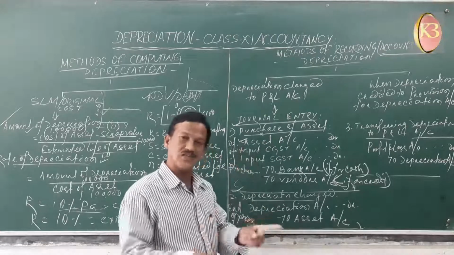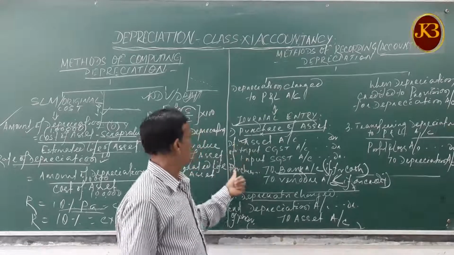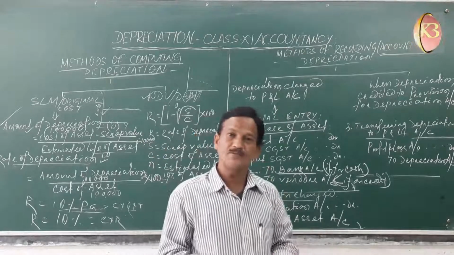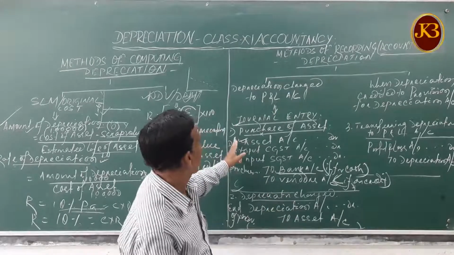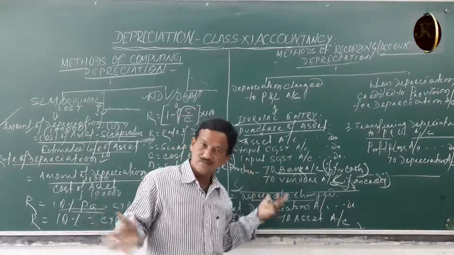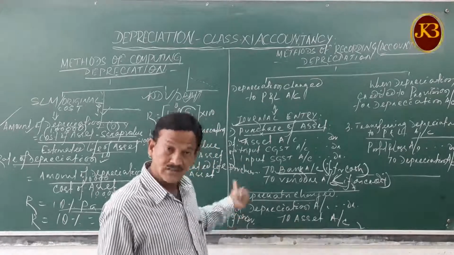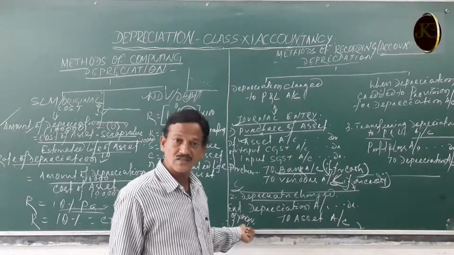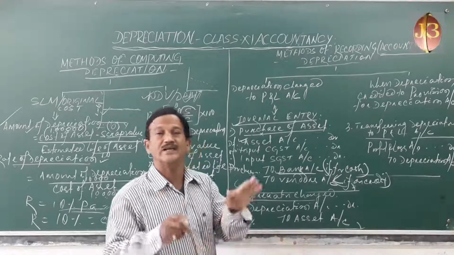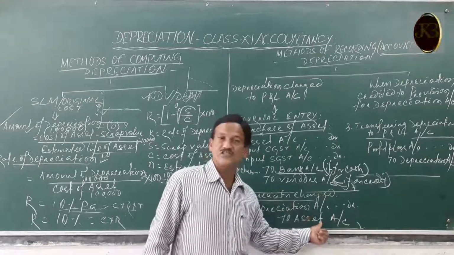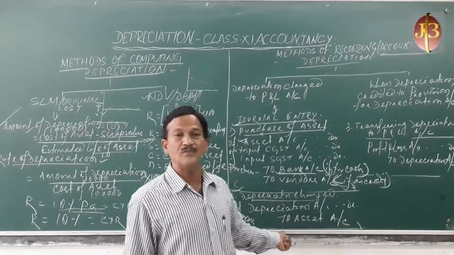If it is 10% per annum, then the date of purchase of asset is to be taken into account. If only 10%, then the date of purchase will not be taken. So it is a flat rate. At the end of the year, on 31st December or 31st March, on which your accounting year ends, you will record the transactions for depreciation.